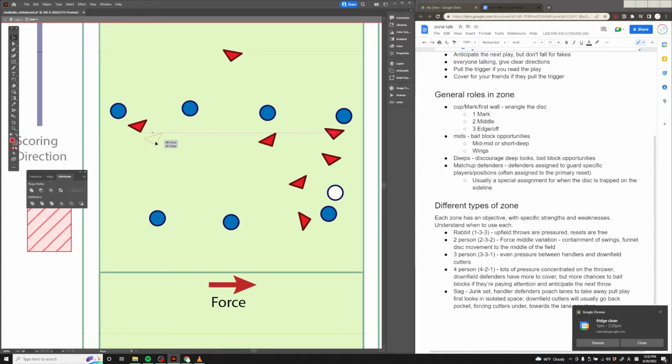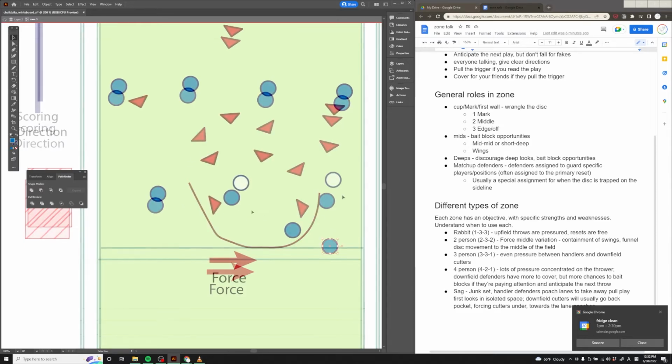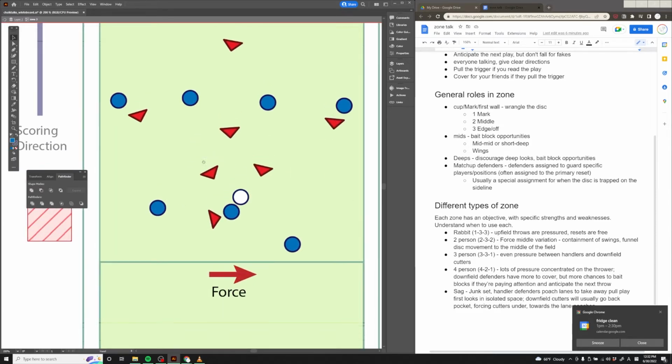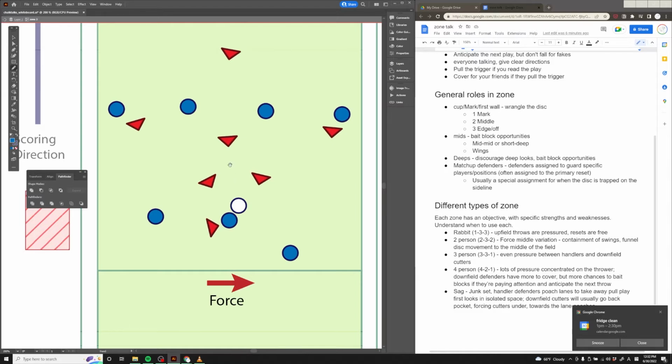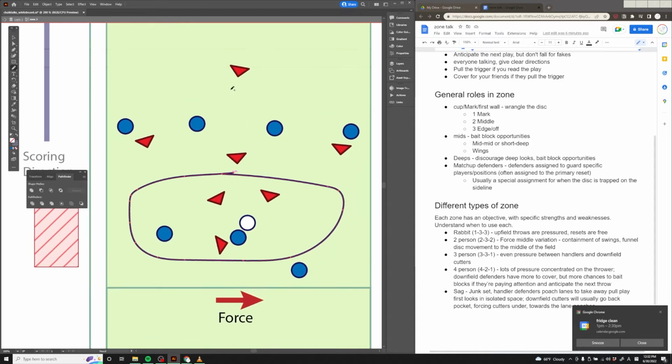So the far side wing can start to cheat in, roam around, and hunt for blocks, especially if this big swing to the far side goes off. This cutter will probably go there. So you can kind of see that the field is divided into layers.